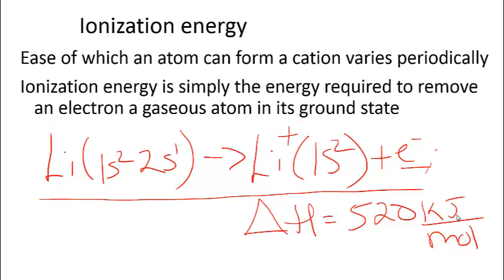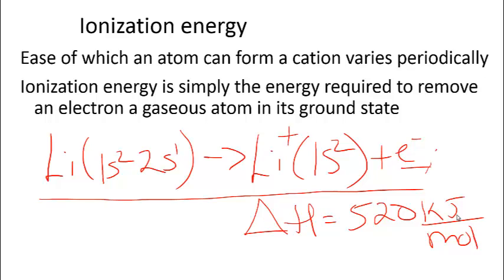Now, removing an electron from an atom is always an endothermic process, which means it requires an input of energy. The removal of a second electron from an atom will always require more energy.